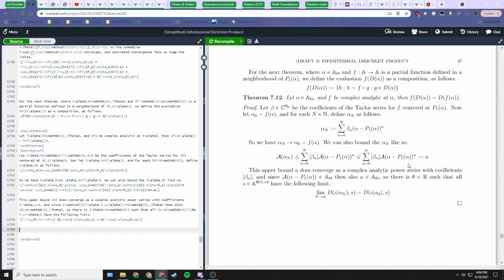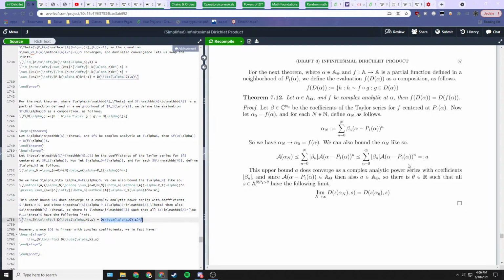Okay, and then we can say, however, since D is linear with complex coefficients, we actually have the limit as this goes to infinity.